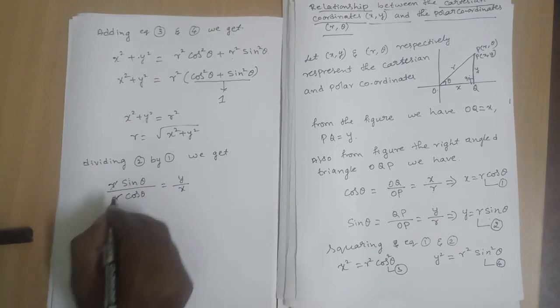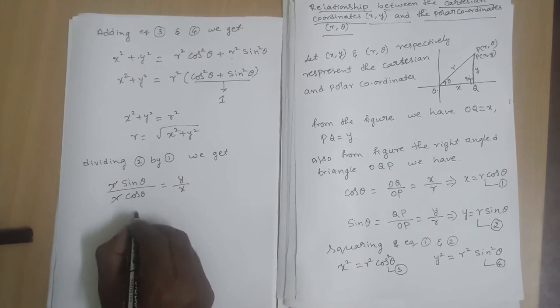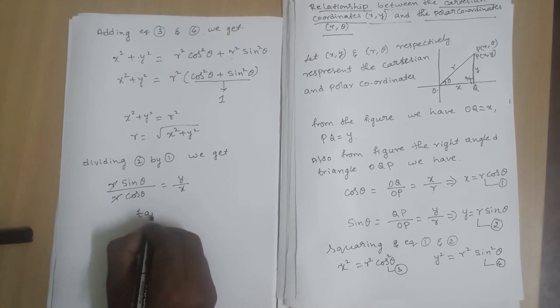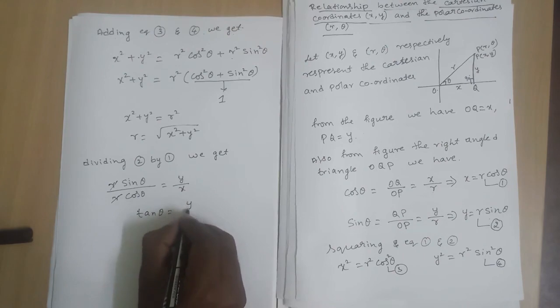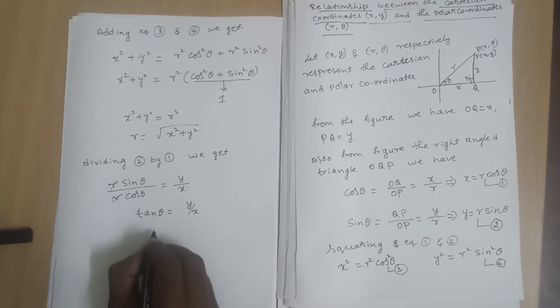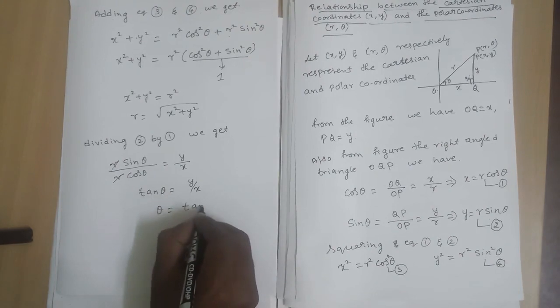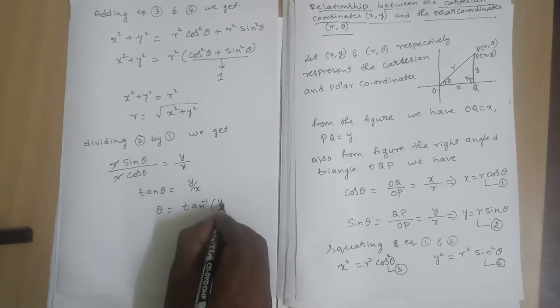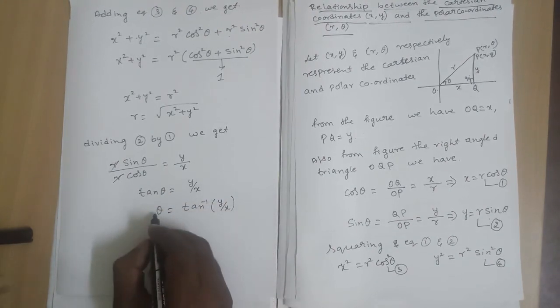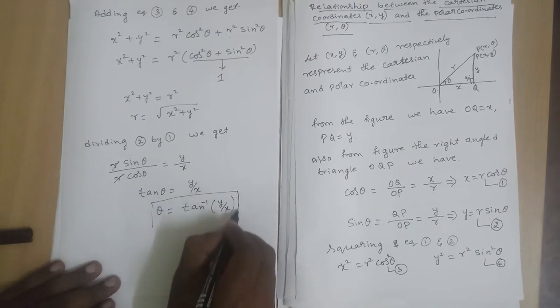The r gets cancelled, so you get tan theta is equal to y by x. So theta equals tan inverse of y by x. So these two are the relations.